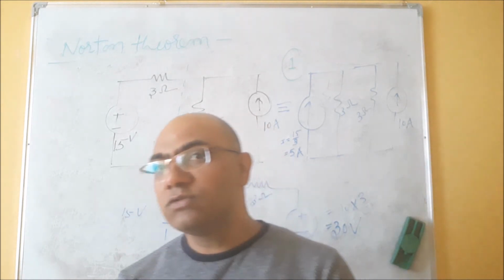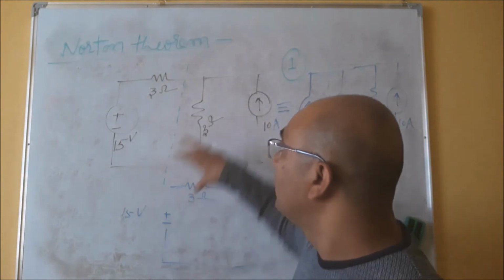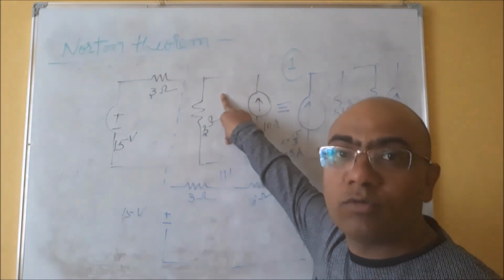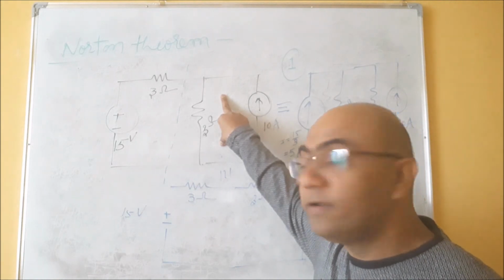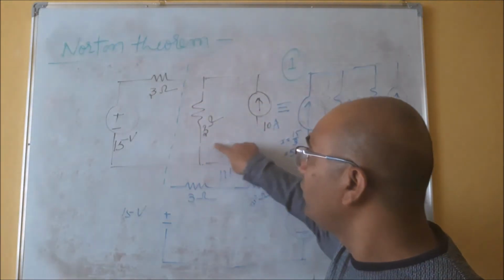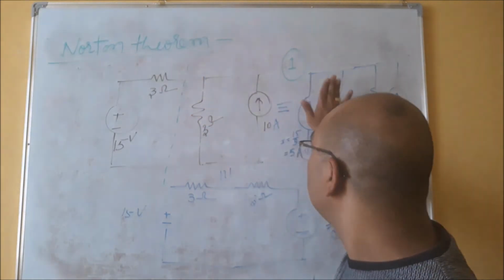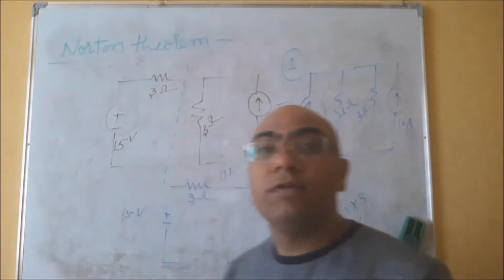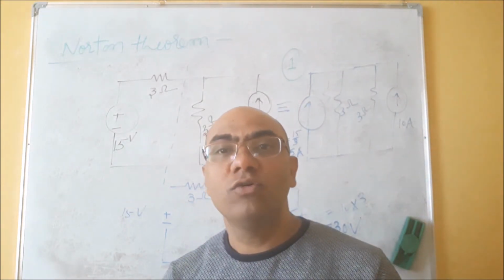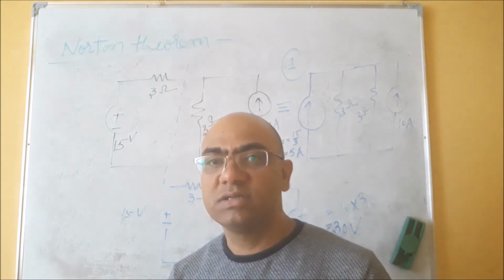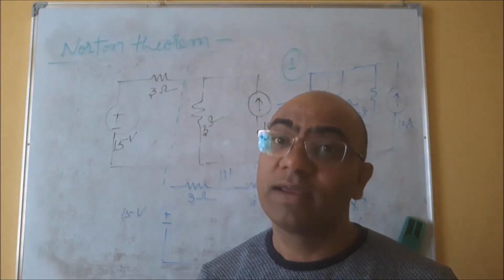But again, if I say, okay, solve this, taking this 3 ohm as a load resistance, what will be the value of load current in this 3 ohm? You can solve for this circuit, this circuit, or this circuit. If you are trying to find the final value of current in this 3 ohm, which is used as load resistance, the value will always remain the same, the final answer.